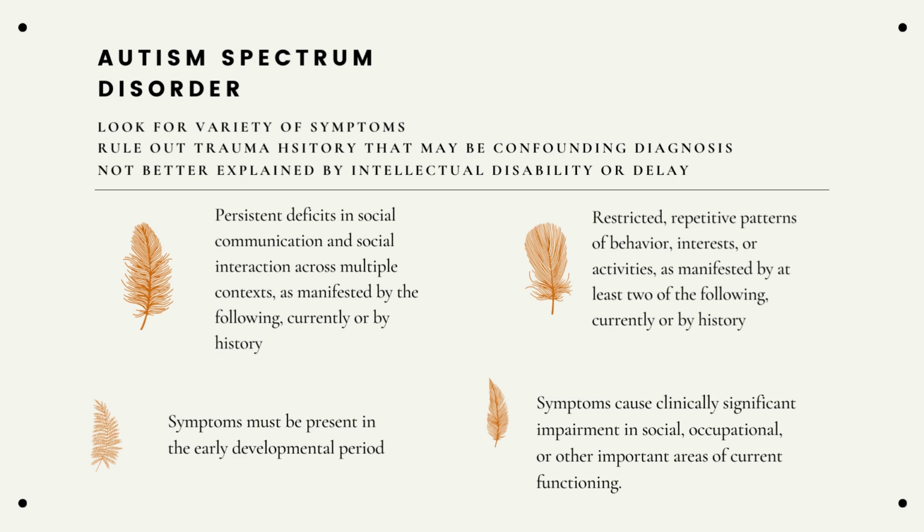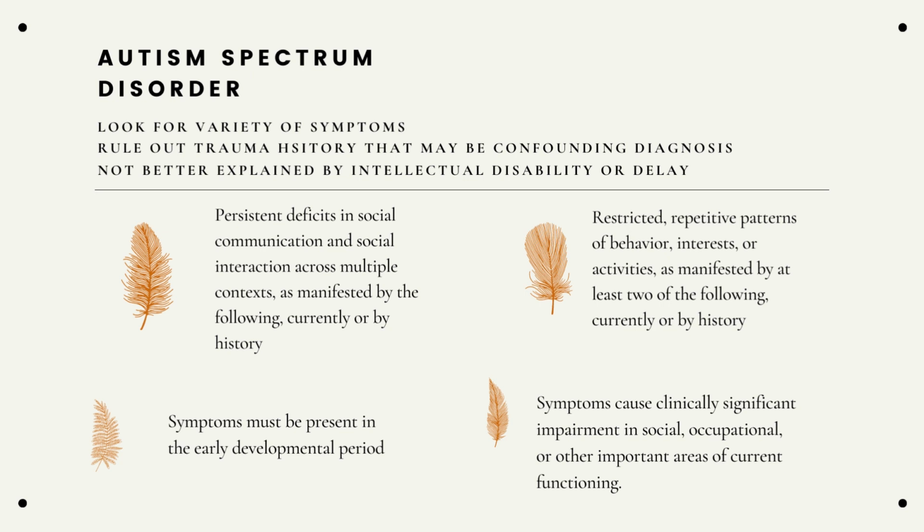They may be completely withdrawn, have a lack of facial expressions, be sort of flat and disengaged, and have an absence of interest in their peers. They just don't trust them. The world is a scary place. It's an awful place. They're depressed, they're angry. So, whatever we're looking at, we want to make sure of what we're dealing with. We want to rule out any trauma history that might be confounding our diagnosis.